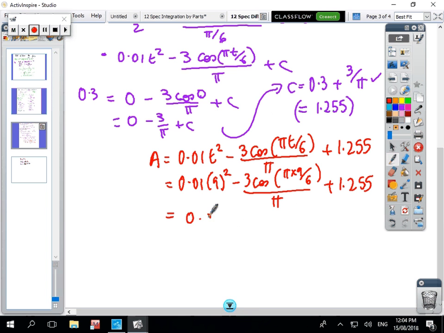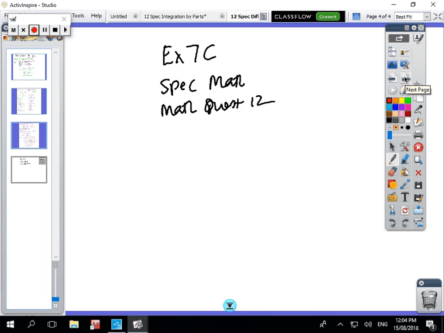So that number is 0.81. This is 3 pi on 2. Cos of 3 pi on 2 is 0, so that's just going to be 0 plus 1.255. And so the answer is 2.065. And the units, I think the units at the top were meters, so this is area, so it's meters squared. Okay, and I'll have an exercise up for you from that book. Okay, that's it. Bye.